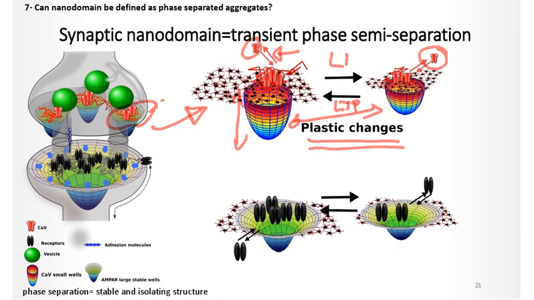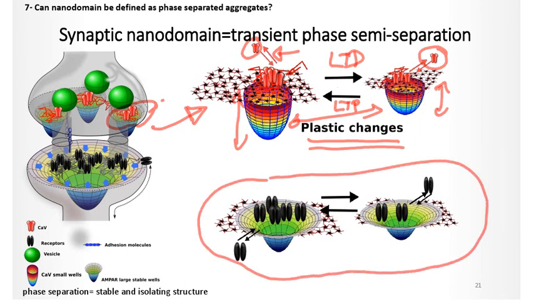This would be like LTD, where we could imagine that the energy of the well is diminished so that the time the receptor spends is shorter. In the postsynaptic part, it has already been shown that LTP, LTD is associated with a regulation of the number of receptors. What defines exactly those numbers remains unclear, but the potential well energy plays a fundamental role in this, as it defines the residence time of the receptor inside these nanodomains.